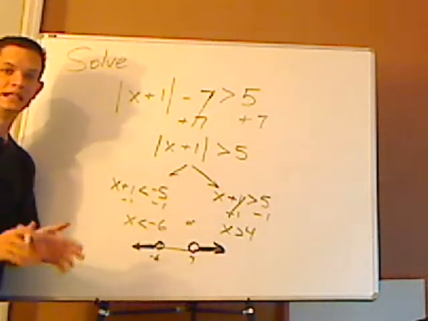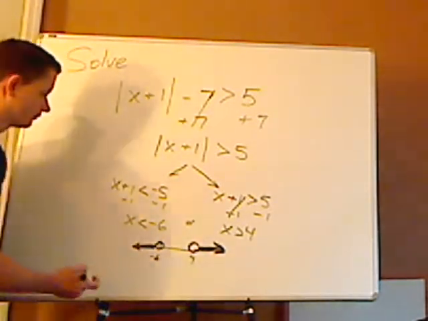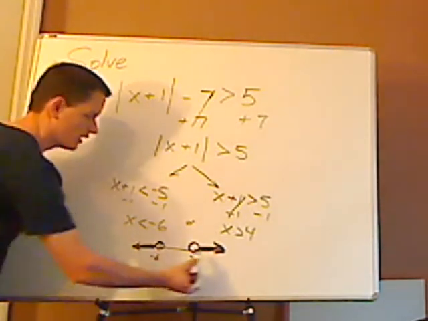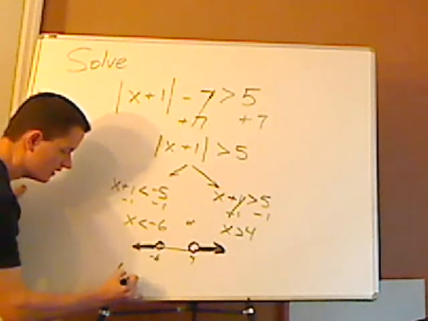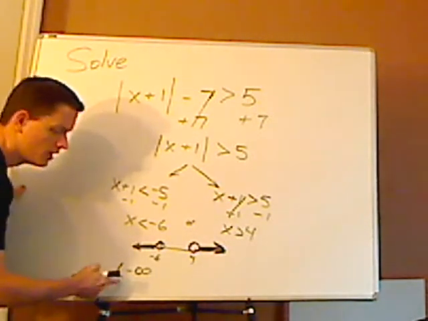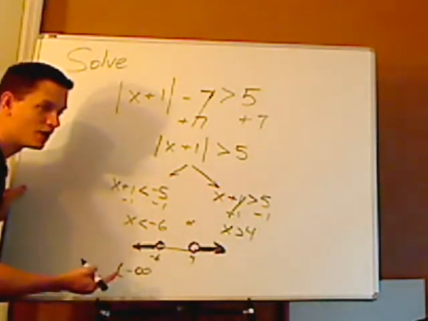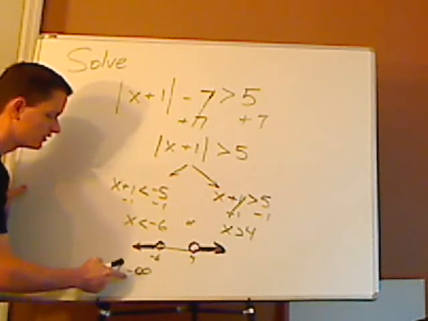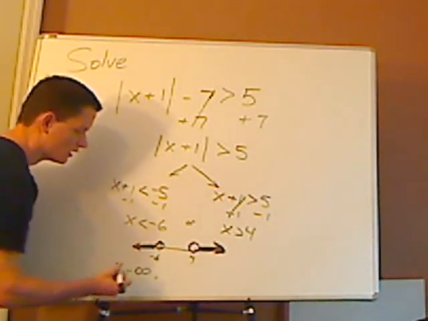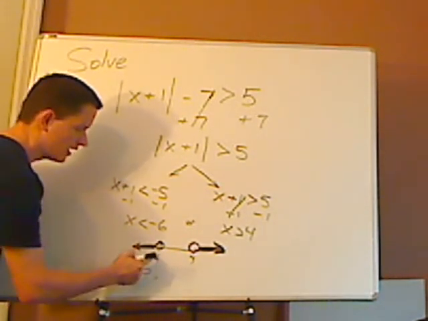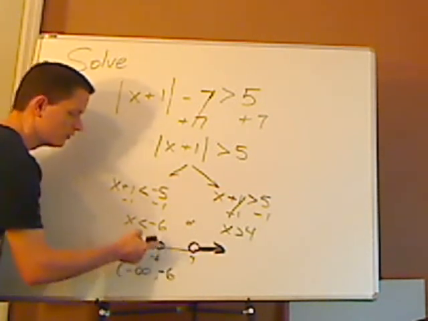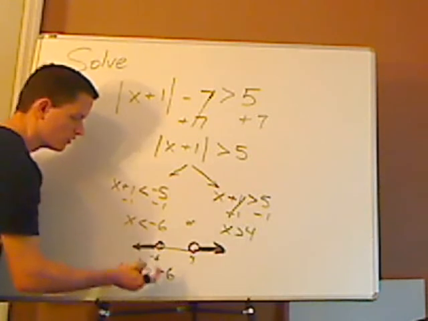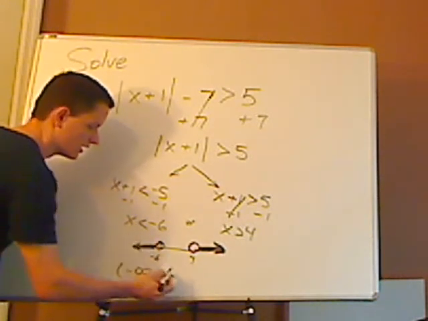Now to write it in interval notation form, you want to read it from left to right when you're looking at the number line. So you start with negative infinity. Negative infinity and even positive infinity always has a parentheses, comma, and you stop at negative 6, and you're not going to include the negative 6 because there's no or equal sign here.